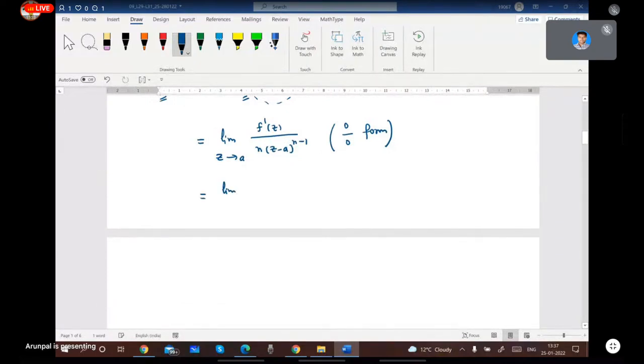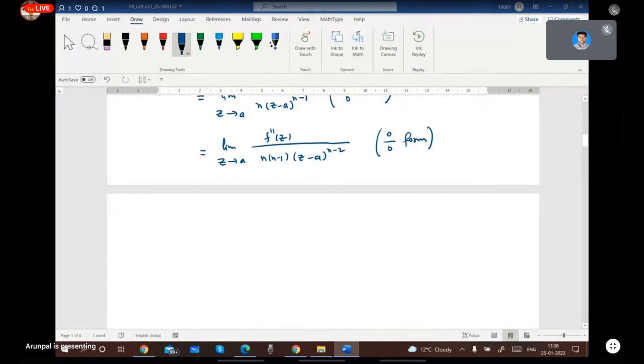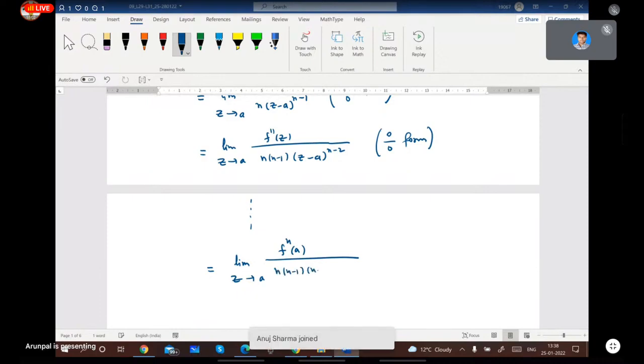This will be the limit z tending to a of the double derivative of the numerator divided by n into n minus 1 into (z minus a) to the power n minus 2. And class, again you can see it is 0 by 0 form, right? You go on doing this. So at the nth step, class, you will have the nth derivative of f in the numerator, and in the denominator you will have n into n minus 1 into n minus 2, going up to 2 into 1. Are you getting me?